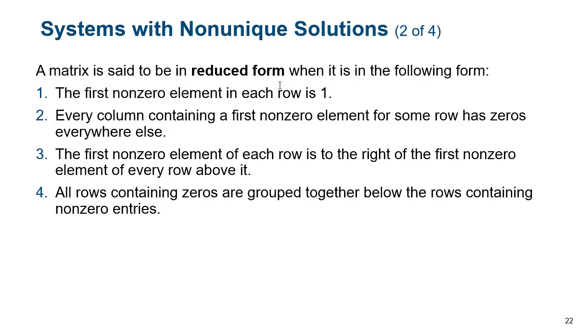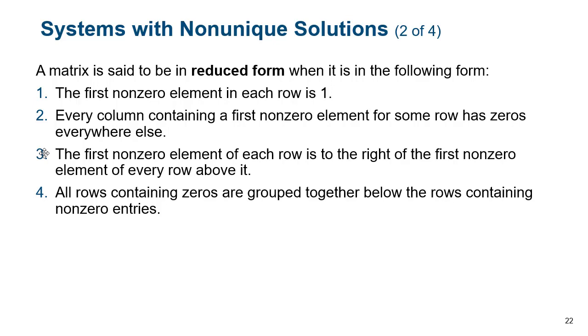A matrix is said to be in reduced form when it has the following characteristics. The first non-zero element in each row is 1. So basically, if you go across any row, the first number that isn't a 0 that you come across has to be a 1.